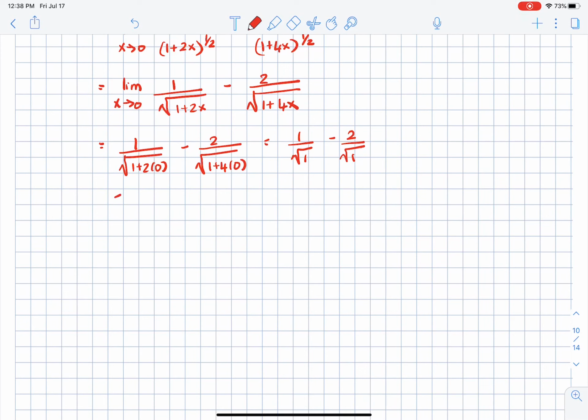So we end up having 1 over 1 minus 2 over 1, which is 1 minus 2. We end up getting negative 1, which is the same answer that we had previously using the elementary method, where we used rationalizing the numerator, which is pretty much using algebra, to find the limit. Here we use calculus and we use L'Hopital's rule to get the limit.